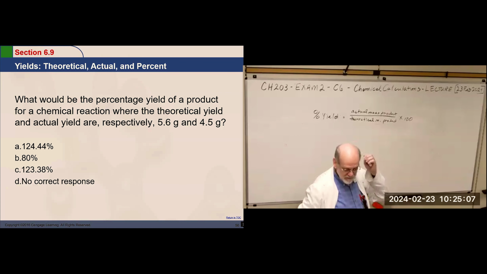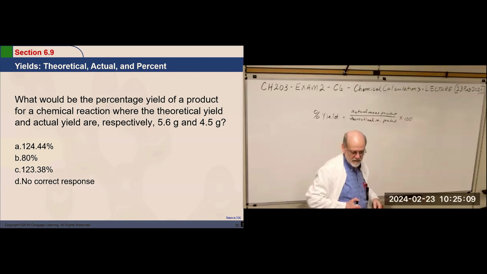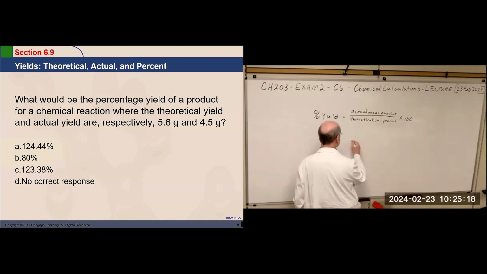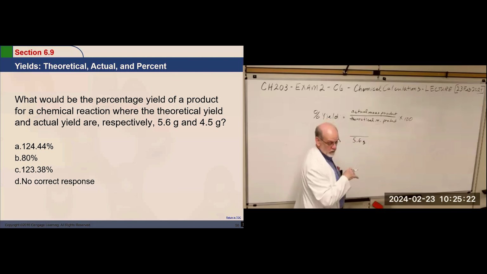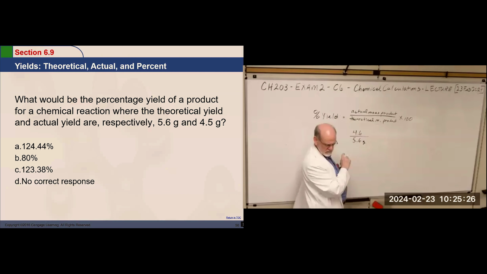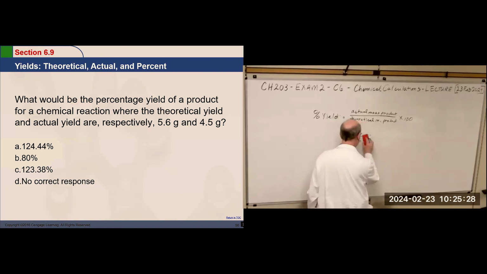So, the theoretical yield for this reaction, and for our purpose, it doesn't matter what the reaction is. If the theoretical is 5.6 grams, and the actual that we recovered from the reaction of that product is 4.5 grams.